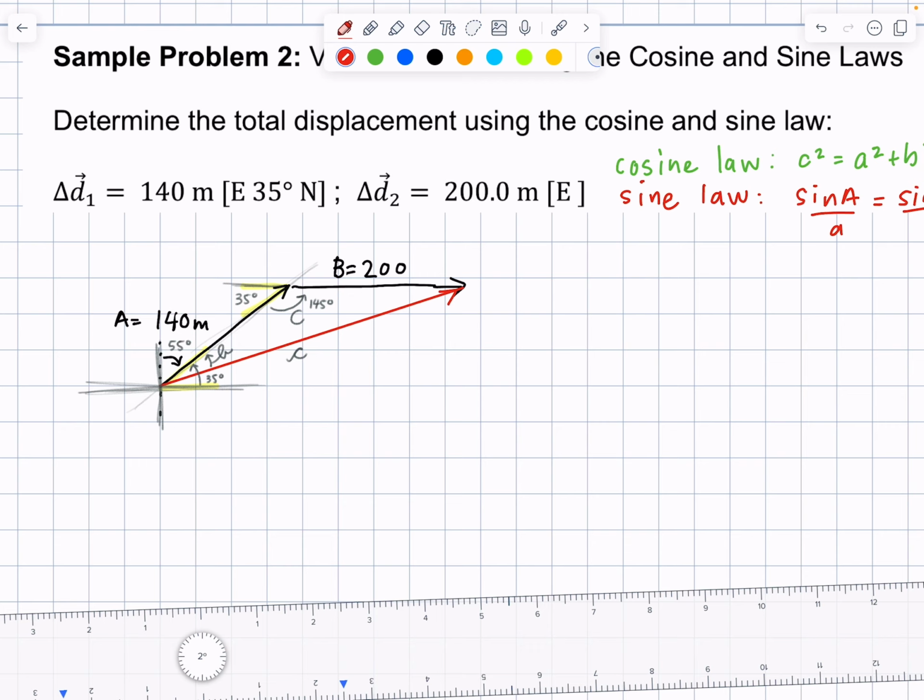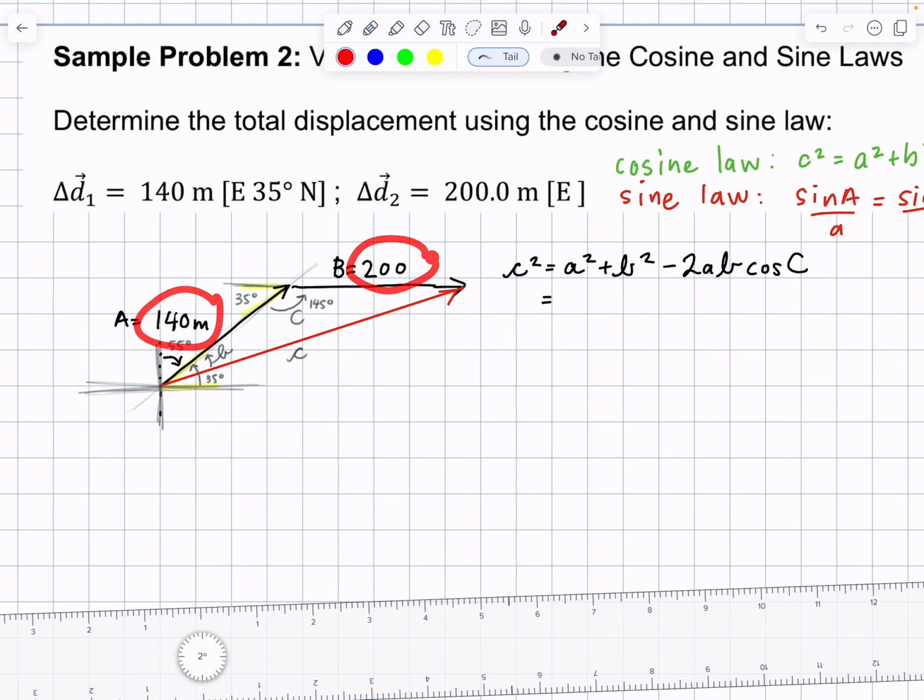So I know that C squared equals A squared plus B squared minus 2AB cos C. The magnitude of A is 140. The magnitude of B is 200.